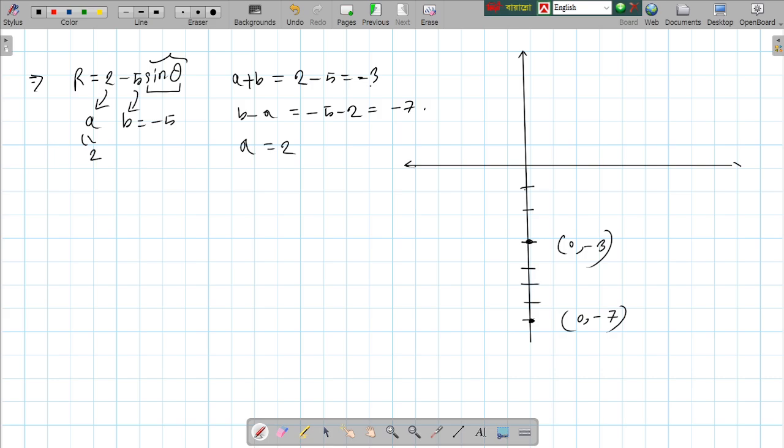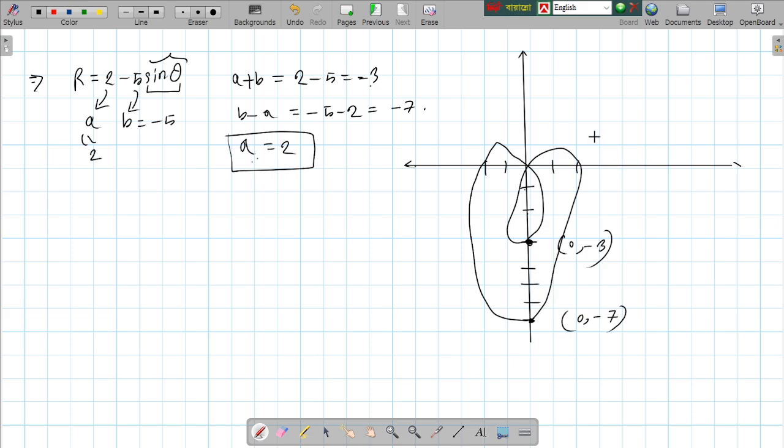And the value of a is 2, so we need to trace this position along the x-axis, 1 2, 1 2. So this is the graph.